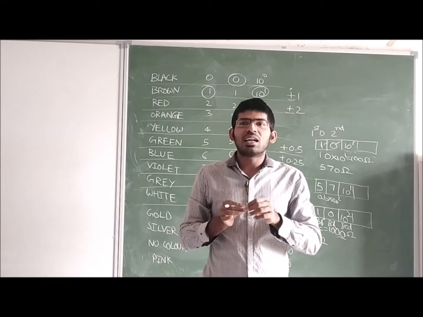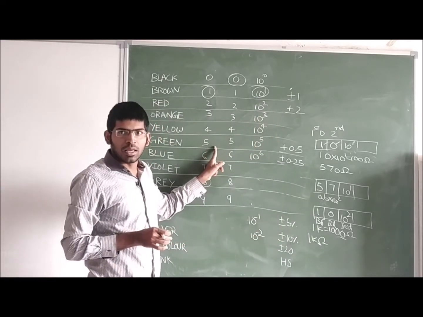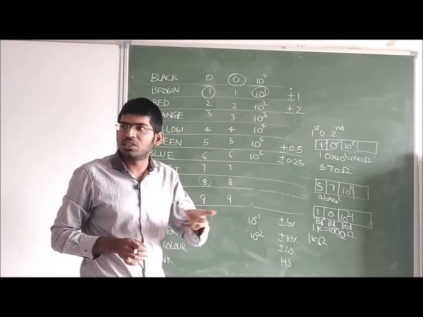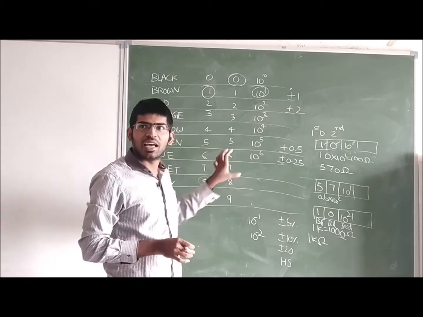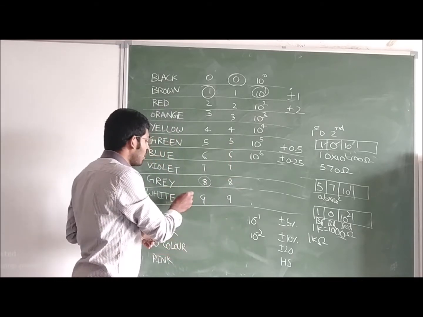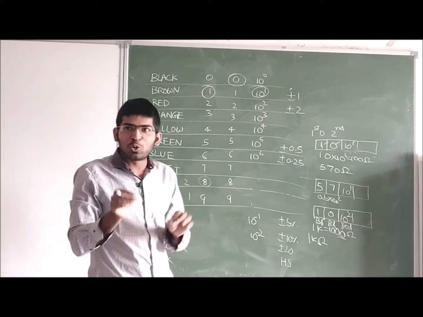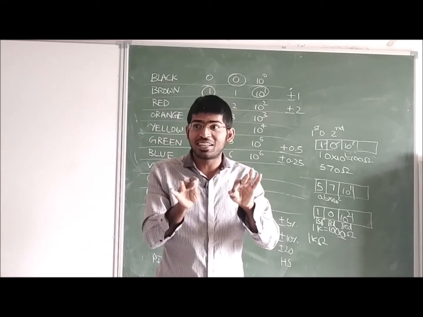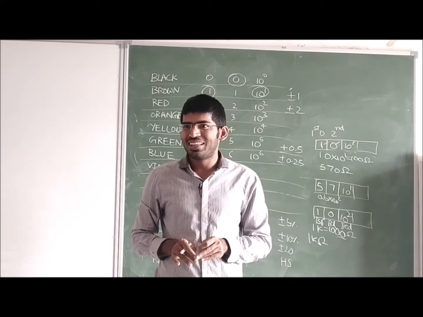Each and every color has one value. Because this is a standardized procedure, this color coding method is accepted worldwide. If you want to change it, say you want to give white 1 and gray 2, then you have to manufacture that resistor for yourself and use it for your purpose only.